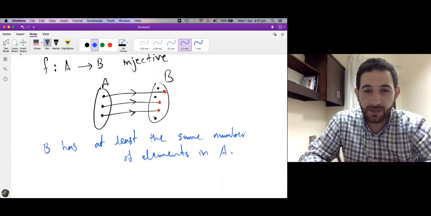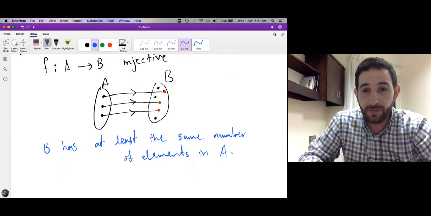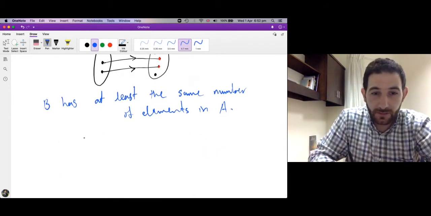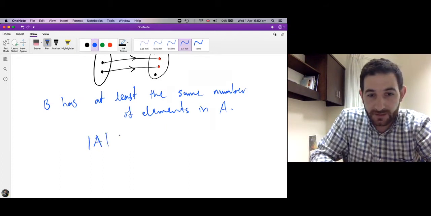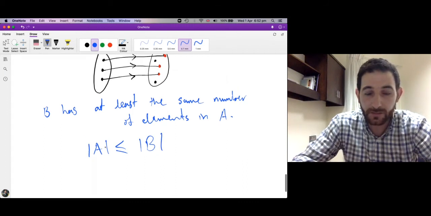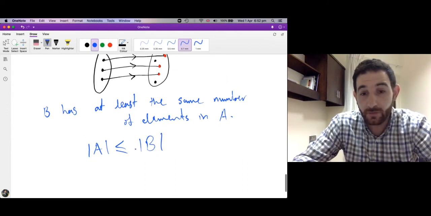Look at the set B. It contains 3 elements, the red ones, which are the images of A, and maybe more. So in other words, we want to say that the cardinality of A is less than or equal to the cardinality of B. That B has at least the number of elements in A, or maybe more.